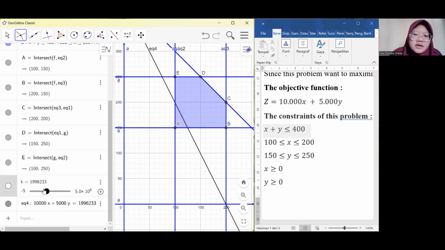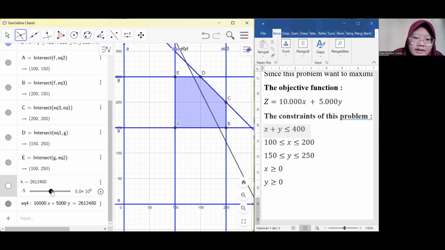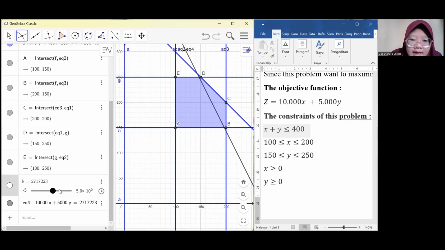The first vertex that meets this line is vertex A, and next is vertex B and vertex D, and the last is vertex C. Vertex C is the last one that meets the line of the objective function.